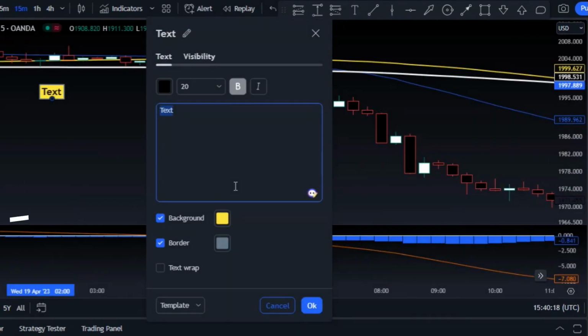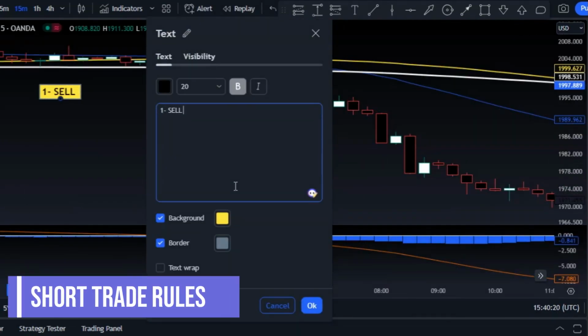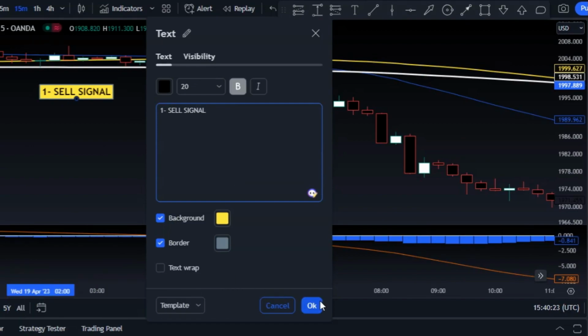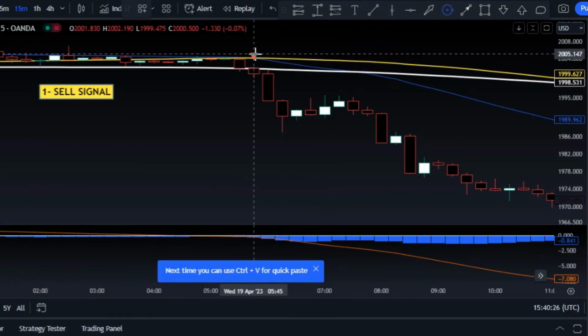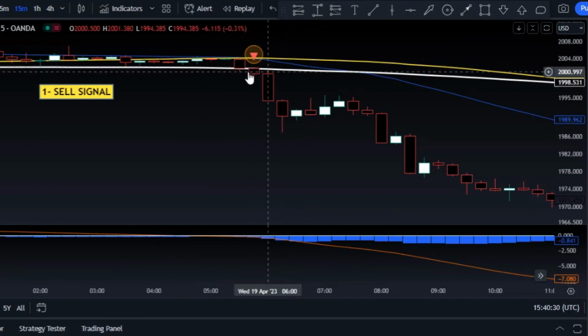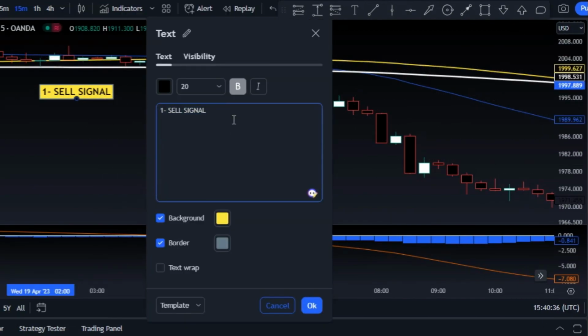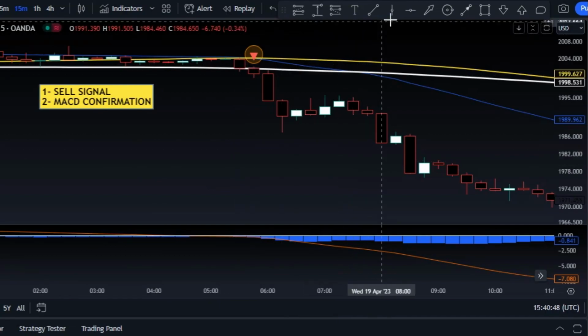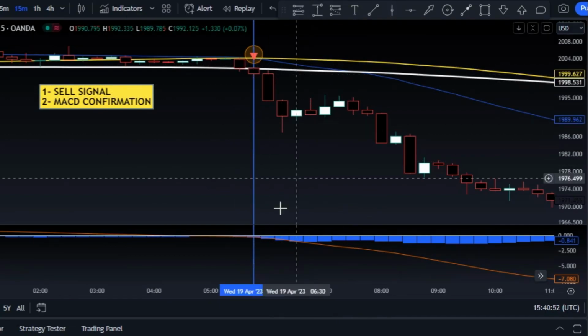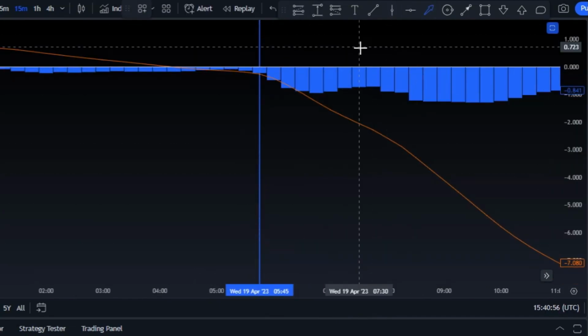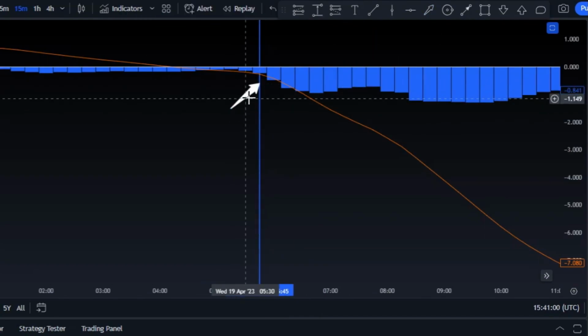In order to open a short position, we first need a sell signal from the Ichimoku indicator. That signal then needs confirmations from both the MACD indicator and the market trend. So if the MACD histogram and MACD line are below zero when the sell signal appears, that provides the first level of confirmation.